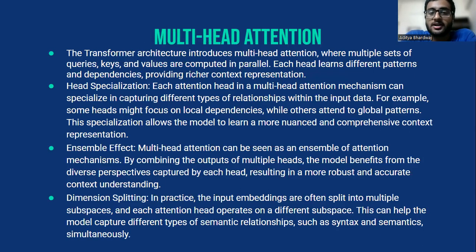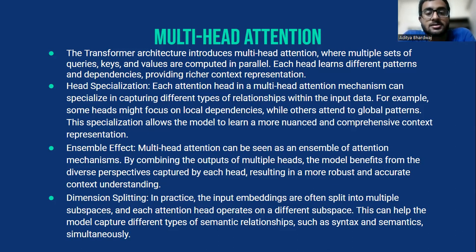So now talking about multi-head attention, the transformer architecture introduces multi-head attention where multiple sets of queries, keys, and values are computed in parallel. Each head learns different patterns and dependencies, providing richer context representation. Head specialization.